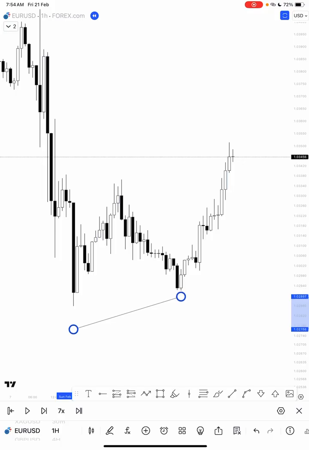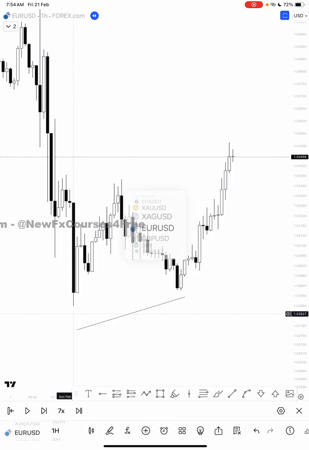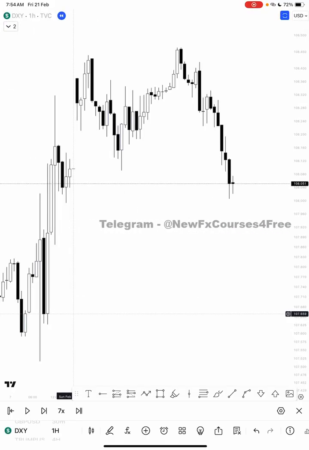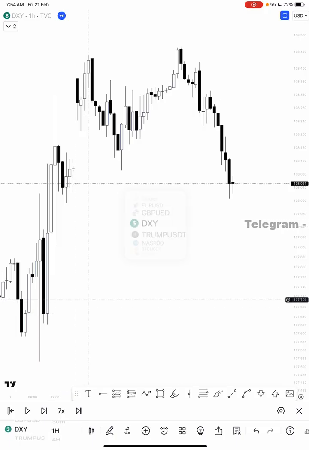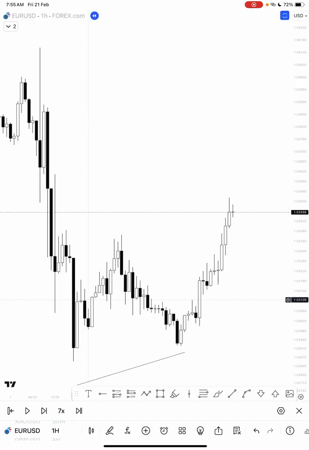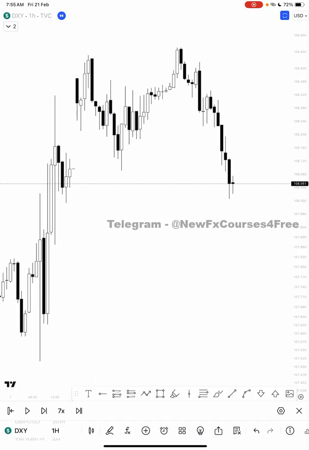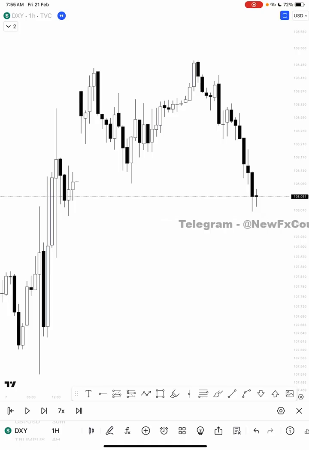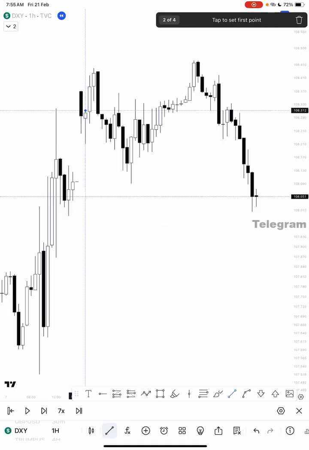So let me say you're actually looking at DXY. DXY actually swept this high over here. This was the high.